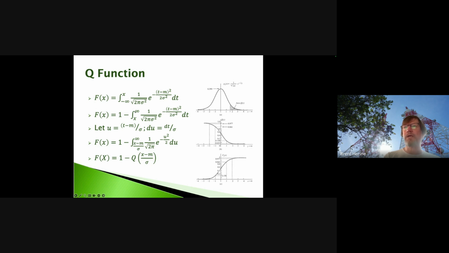We can manipulate this a little bit and write it differently. If we swap these, instead of integrating from minus infinity to x, let's integrate from x to infinity. We know that if we integrate the whole thing, we ultimately end up at a value of 1, going from 0 probability down here to 1 probability out here.